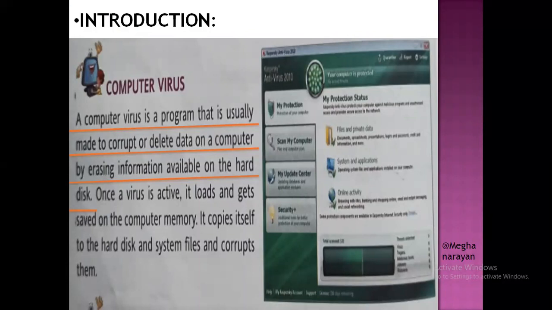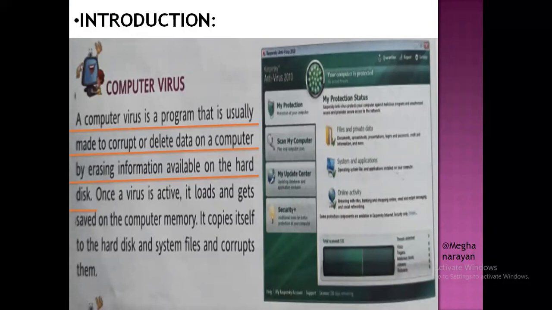Actually, a computer virus is not a zombie. No, it's not a magical trick. No, it is a simple program which is actually made to corrupt or delete the data. Corrupt means some illegal actions. A virus can have some illegal actions.